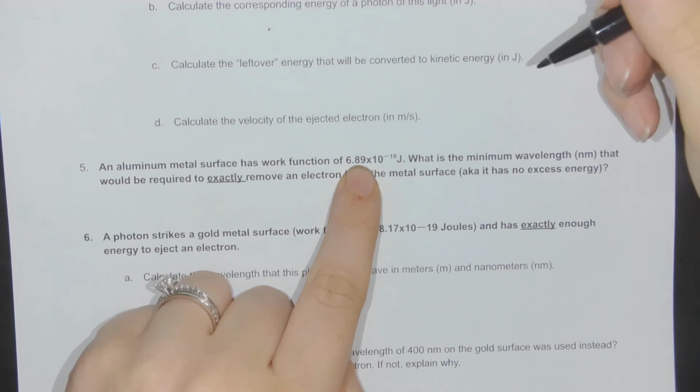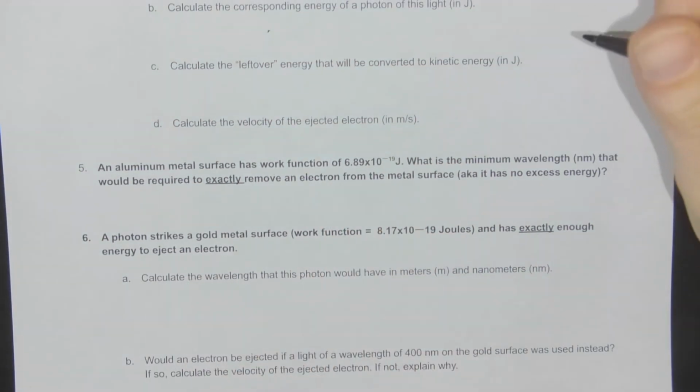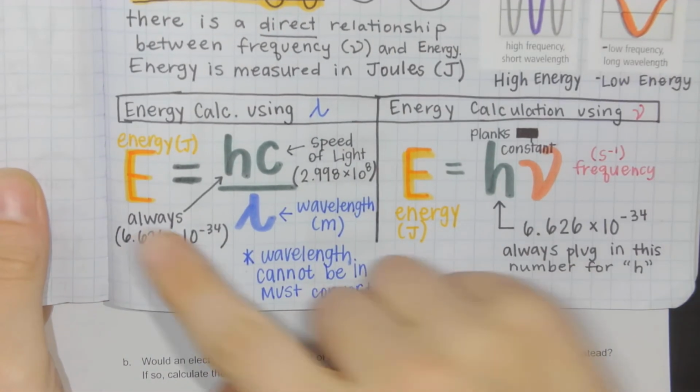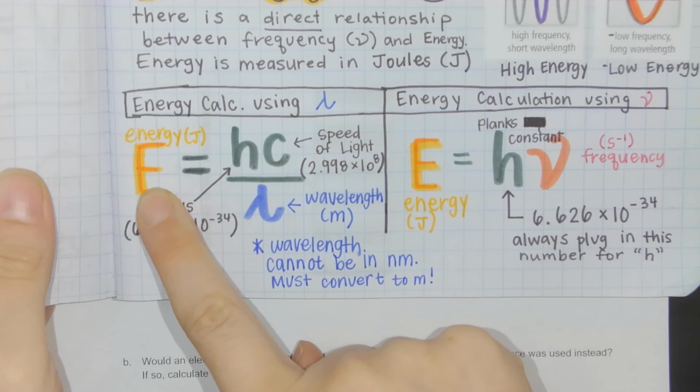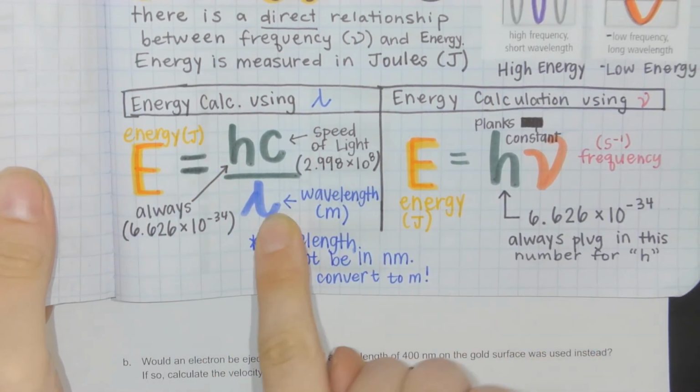Working backwards, if that's the energy of the wave coming in, how could you figure out the frequency or the wavelength? And those are in your notebook, right? Because if you know the energy, plug in H, plug in C, you can find the wavelength.